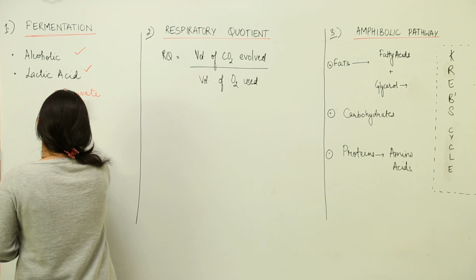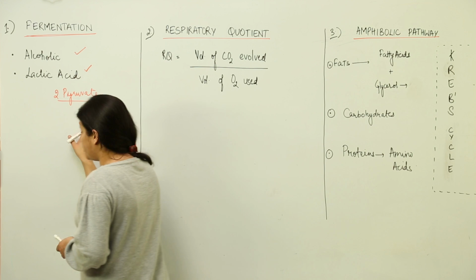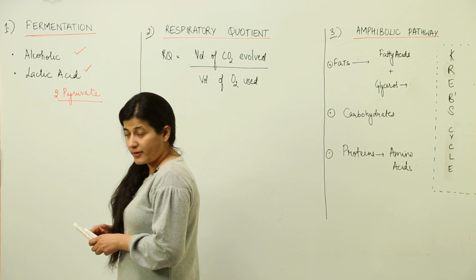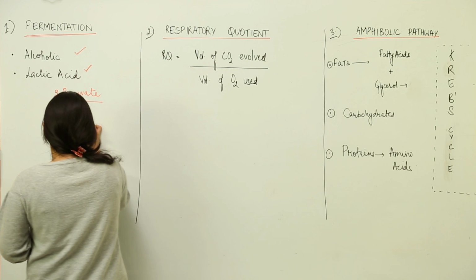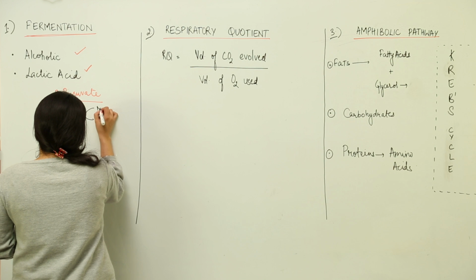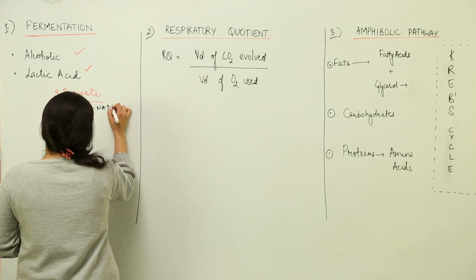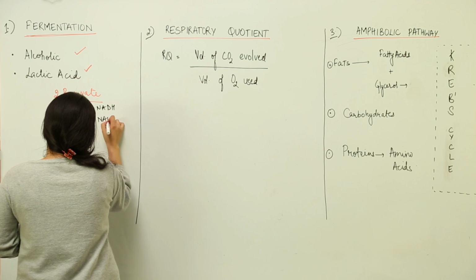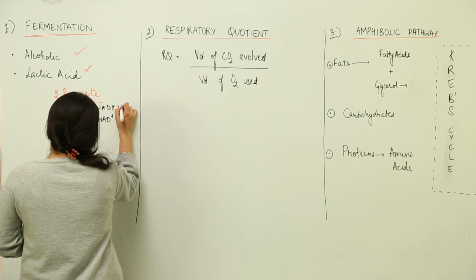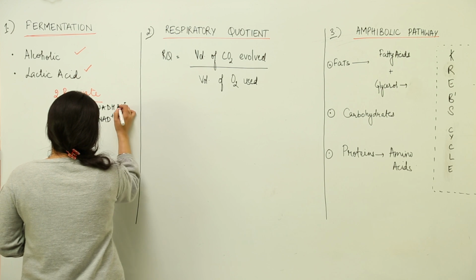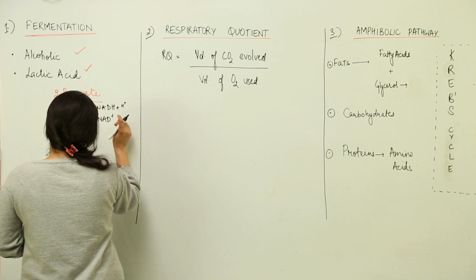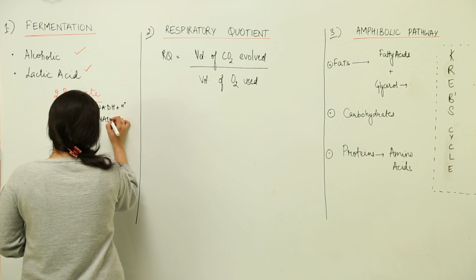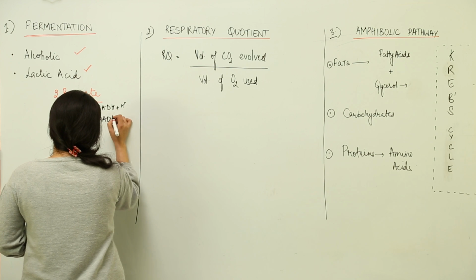Each molecule of the pyruvate, means there are two molecules of pyruvate, each molecule of pyruvate, it breaks down, okay, and it uses NADH, breaks it to NAD positive, okay. It causes loss of hydrogen ions.